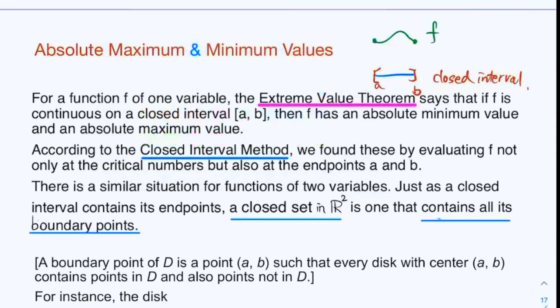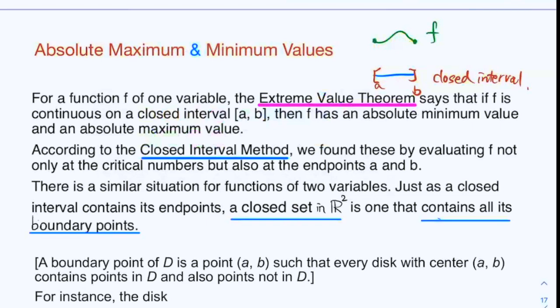This function f, a function of a single variable, is then guaranteed to attain at least one absolute minimum and one absolute maximum on this closed interval.